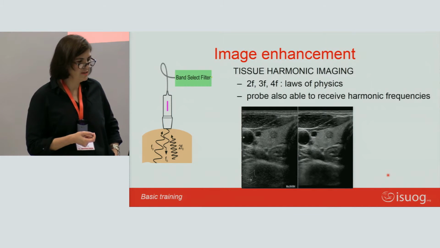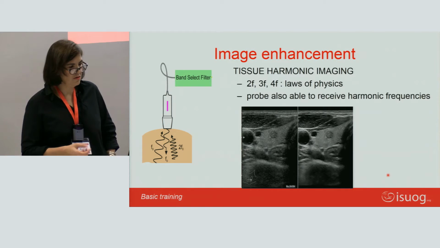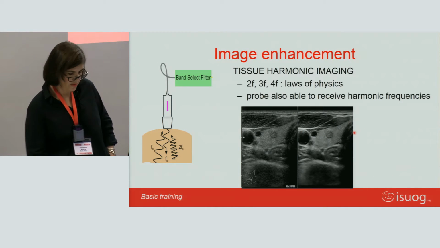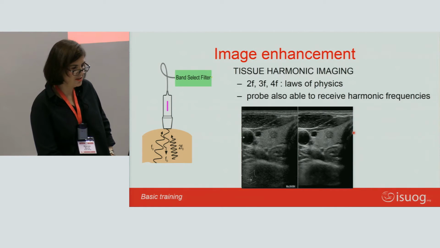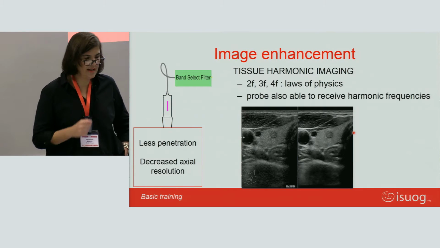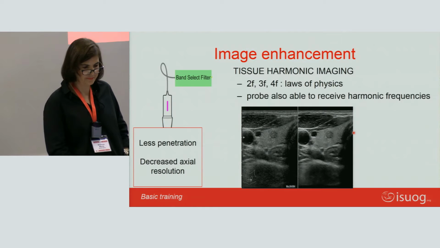Tissue harmonics allows the ultrasound probe to receive these other signals that are at higher frequency to improve the resolution of the machine. So when you switch your tissue harmonics on, it results in a better image. But the price that you pay for that is that you have less penetration and decreased axial resolution.